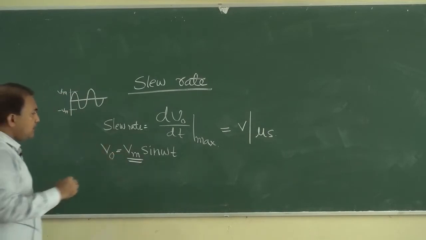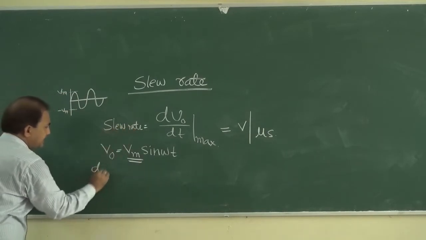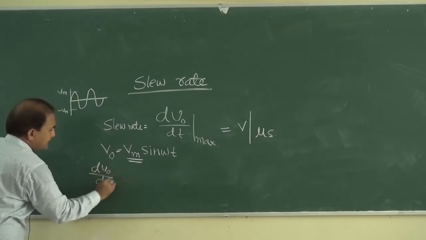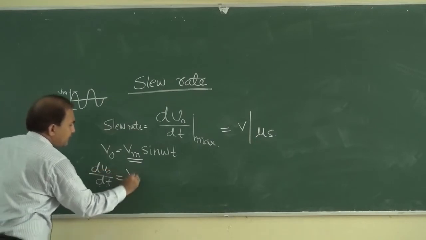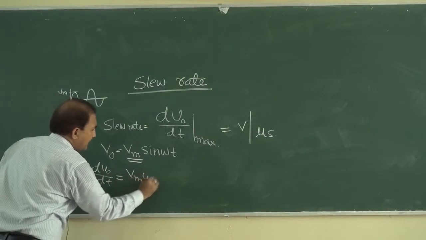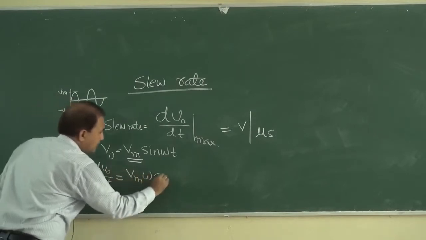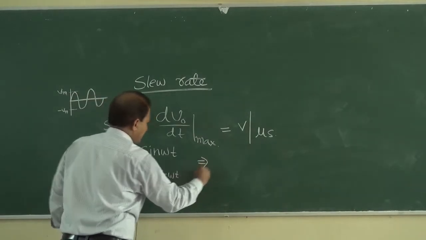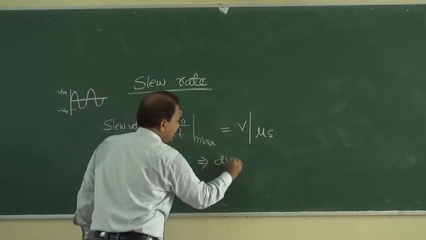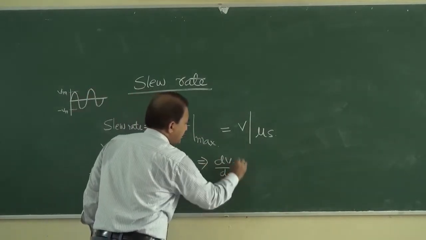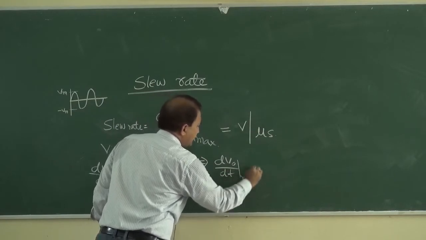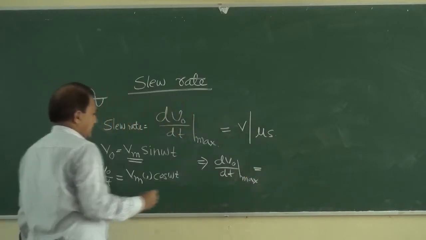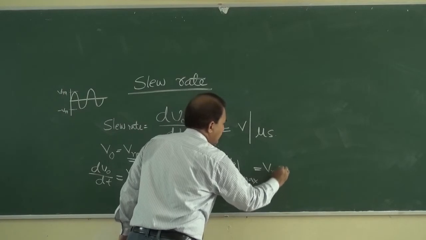Now dV0 by dt is equal to Vm omega cos omega t. Then from this we can determine dV0 by dt max, which is equal to Vm into omega.